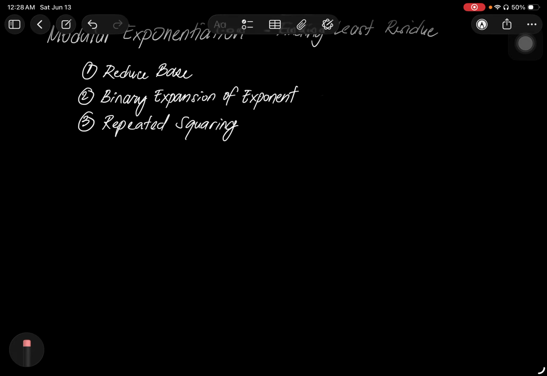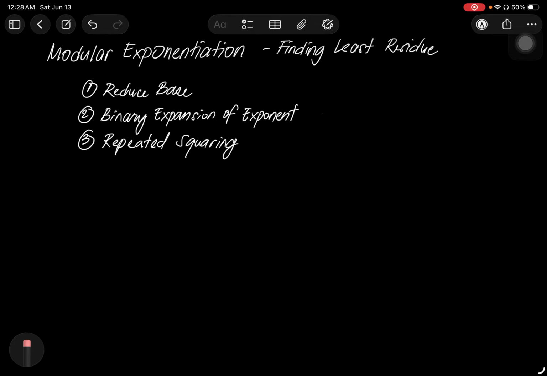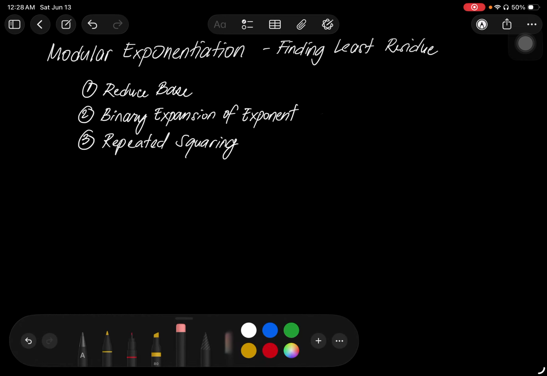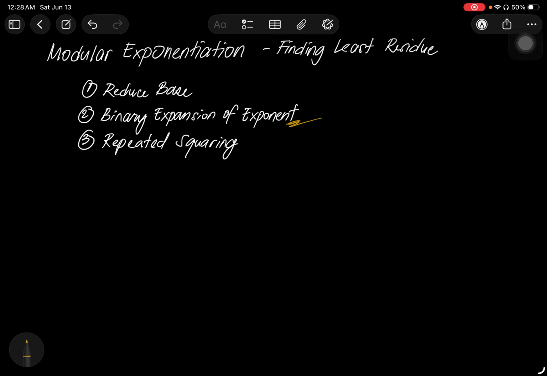Hello everyone. So now we will be proceeding with strategy 2 in finding the least residue in modular exponentiation. Before we start, let's recall that for an even power or exponent, it can be represented as a raised to 2k, which is equal to the quantity of a raised to k, raised to 2.